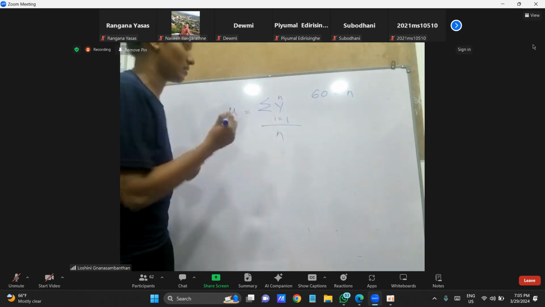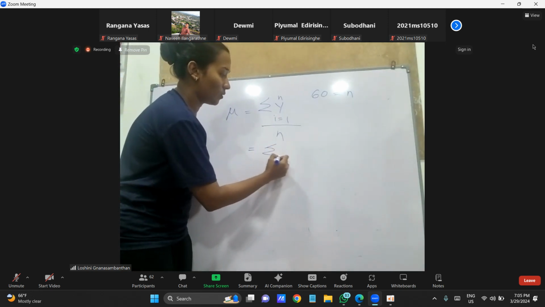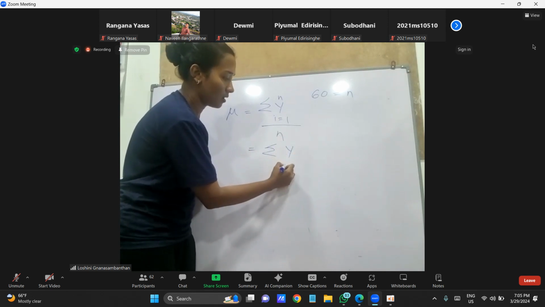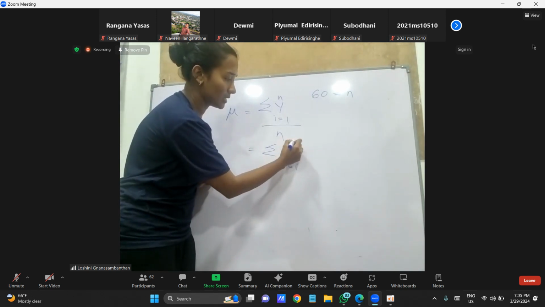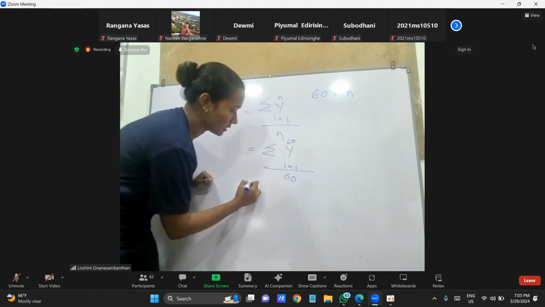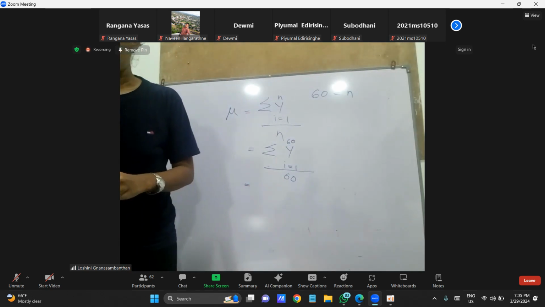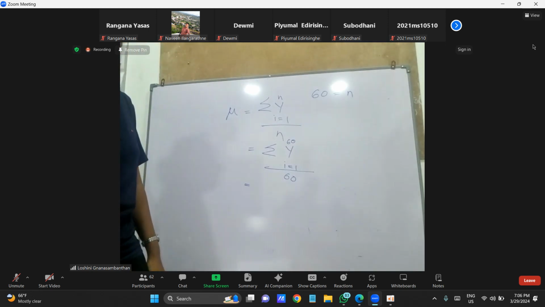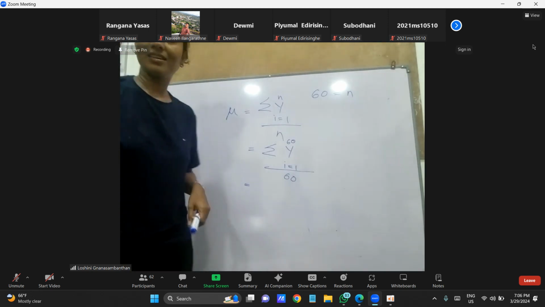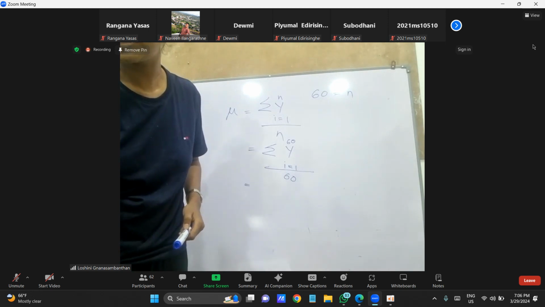Then n is 60. So again, you can put sigma y i running from 1 to 60 divided by 60. I don't know the value. I think it's given in the reference reading file. You can just go and see.